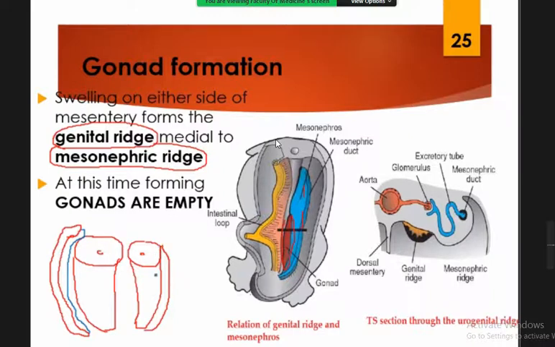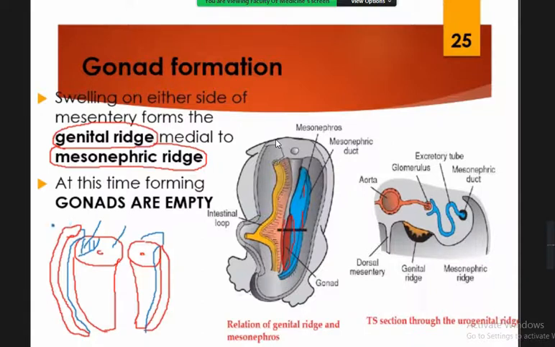And the same thing happens here. So what we are looking at in blue is the mesonephric ridge. And the medial is the genital ridge.